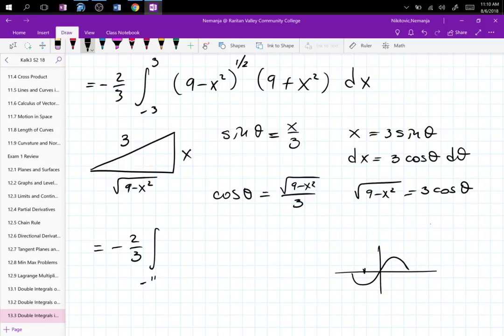So negative pi over 2 to pi over 2 when you change the limits.